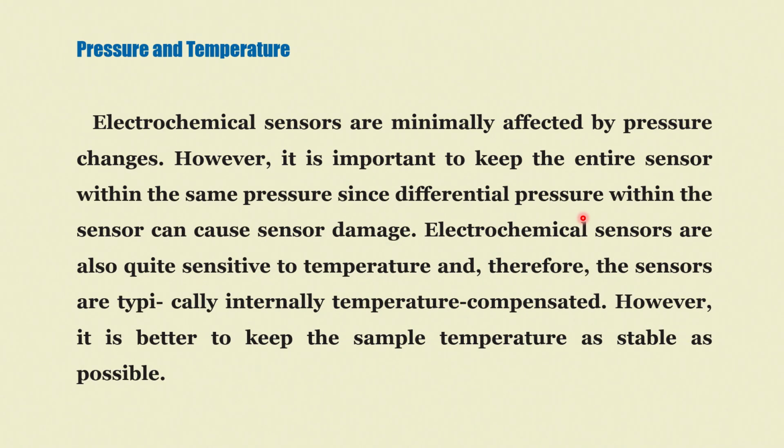Either way, temperature and pressure do not have much marked effect on the accuracy of the sensor, because basically it is not a regular change that happens, and typical weather conditions are maintained over long periods of time. So, electrochemical sensors are also quite sensitive, but they are sensitive to temperature. Why? Think about it.